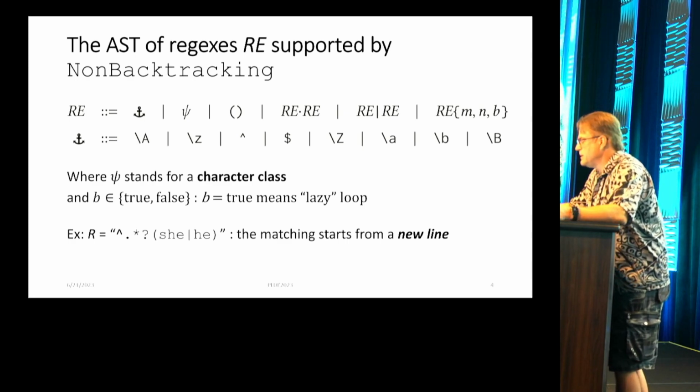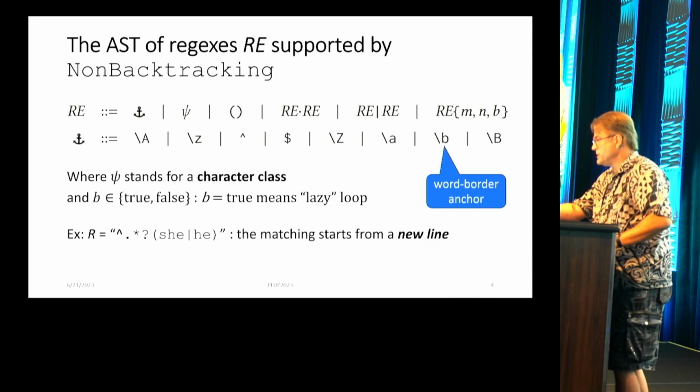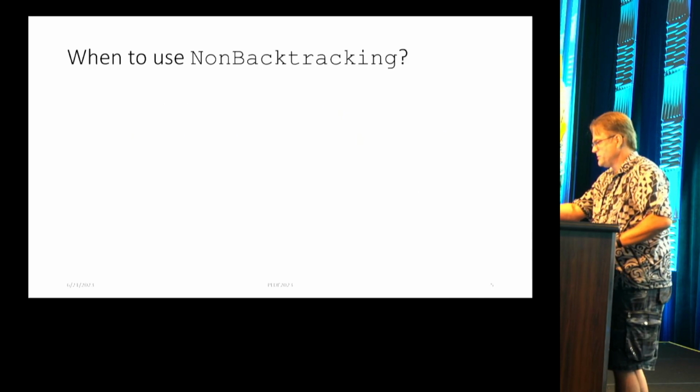The last expression denotes loops, where M is the lower bound, N is the upper bound, and B is a Boolean that indicates whether the loop is lazy or eager. In the last example, the very initial dot star is lazy. It means try to minimize the number of characters before you try to match she or he. And I will be using the word border in some examples, so I'm pointing that out here.